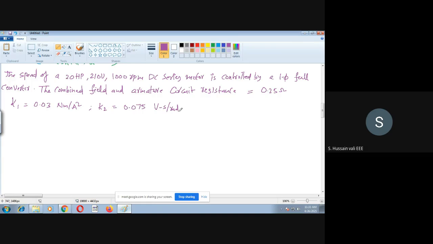And then what we need to understand here is that the supply voltage is 230 volts, assuming continuous and ripple free motor current.